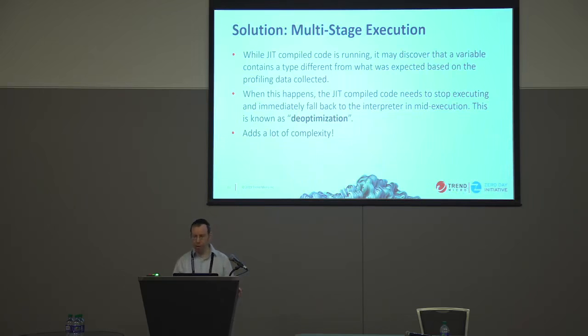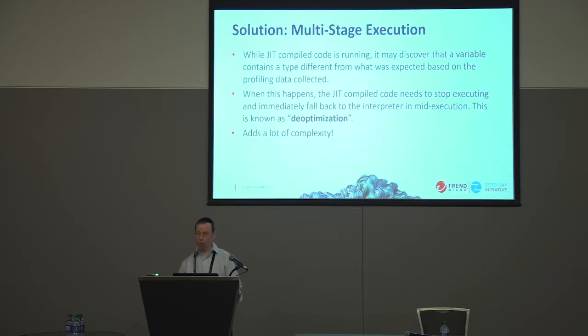So the JIT compiled code still needs to contain type checks at strategic locations to make sure that its assumptions are still valid. And if it finds that some assumption no longer holds true, then the JIT compiled code needs to stop executing and immediately fall back to the interpreter in midstream. Chromium's V8 JavaScript engine calls this de-optimization, and we'll use that terminology.